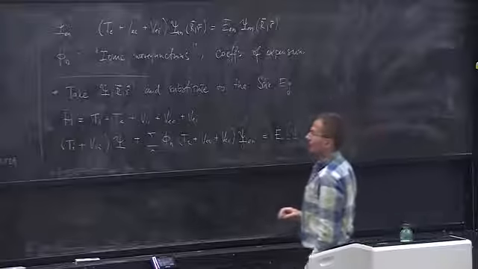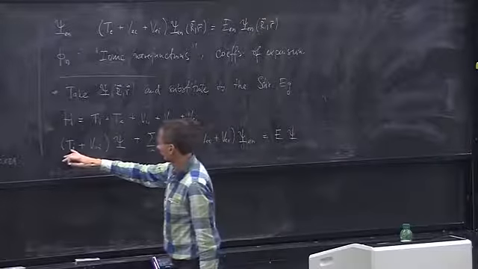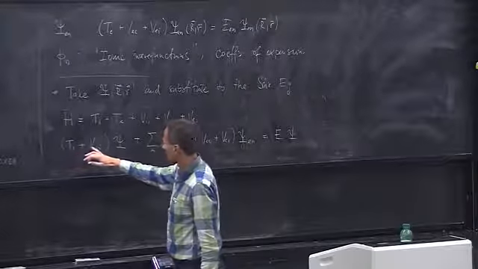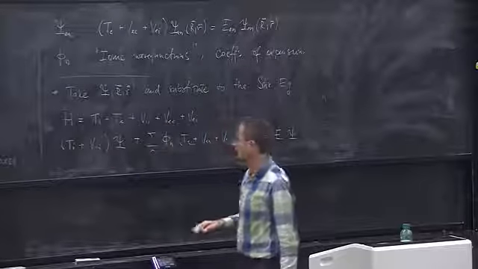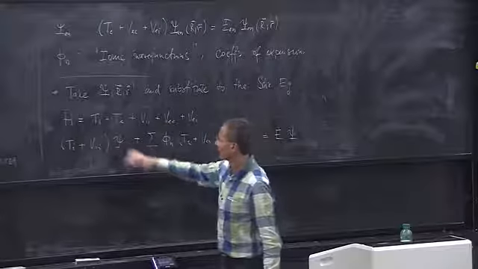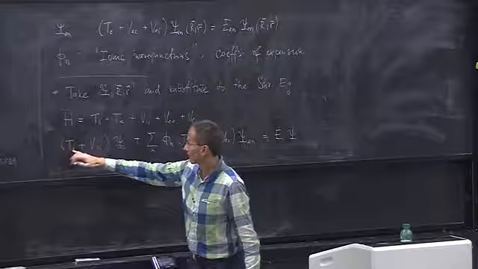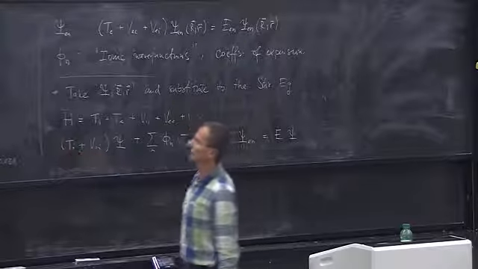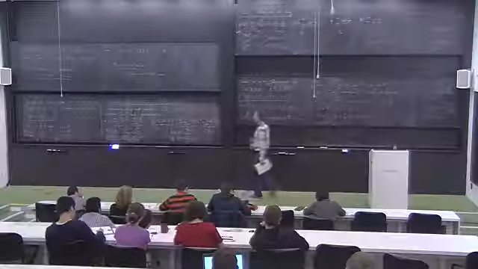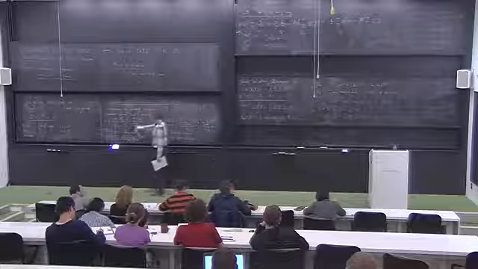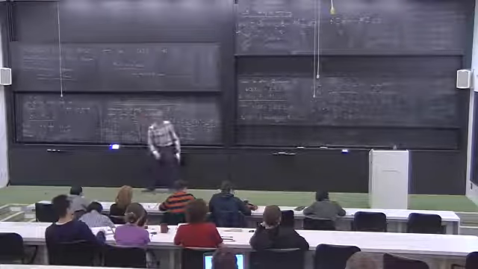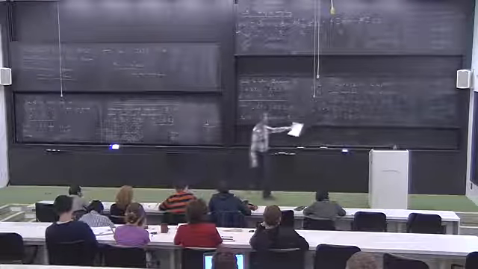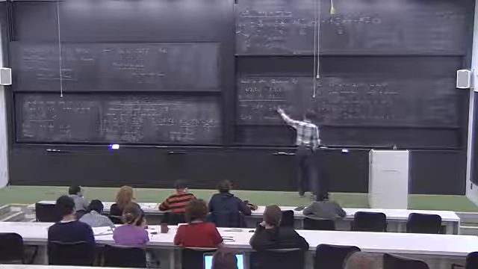Okay? These other pieces here, the ion kinetic energy and the ion potential energy, I cannot do that with because, for instance, this guy here has a derivative hidden in this momentum operator that acts on this coefficient phi.